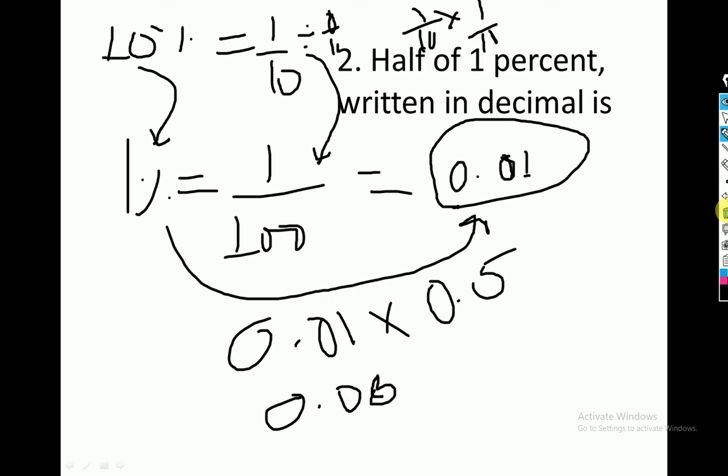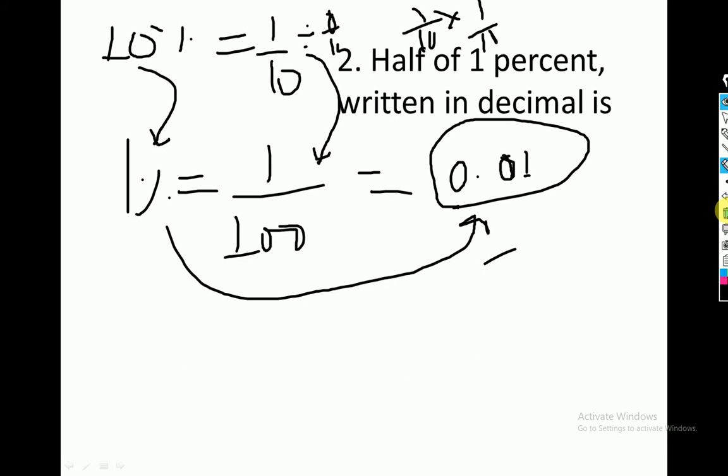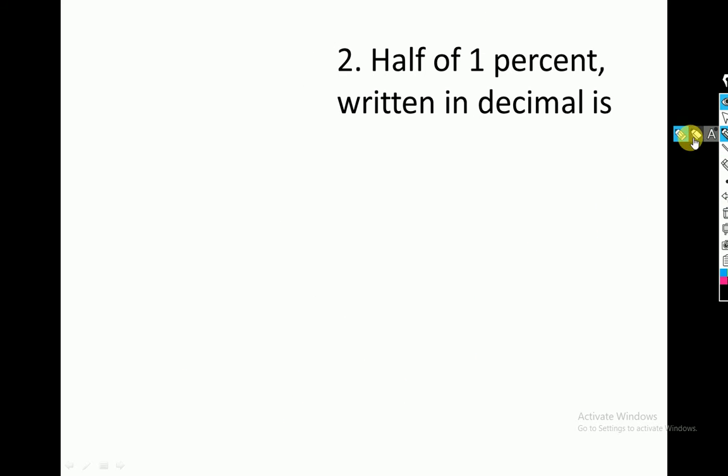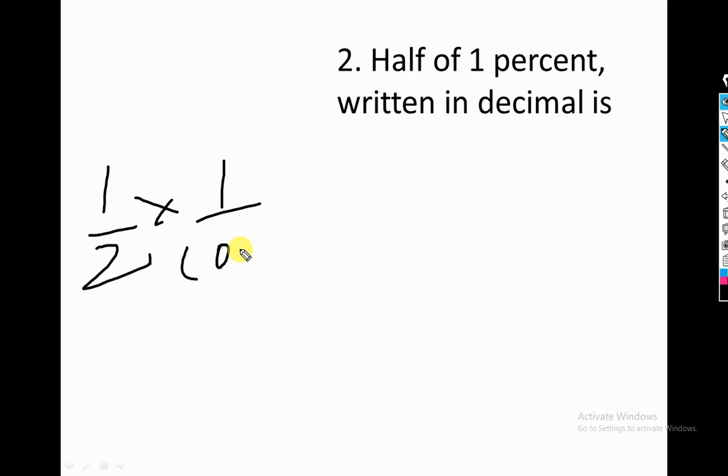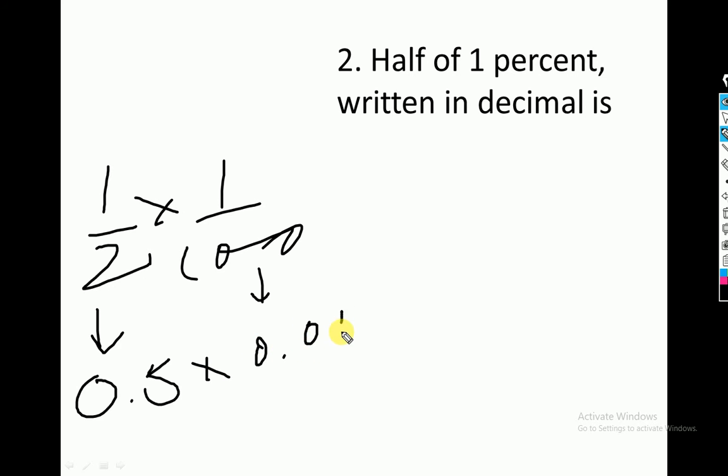Let me refresh it. Let me delete everything and redo it. 1 by 2 into 1 by 100: 1 by 2 is 0.5 and this one is 0.01, so it comes to 0.005.